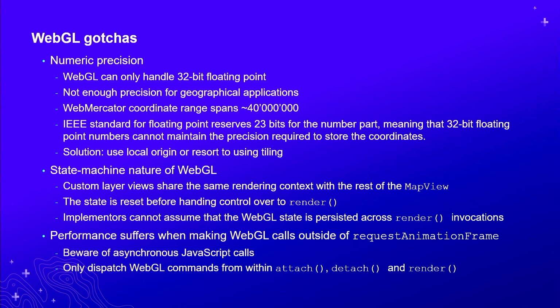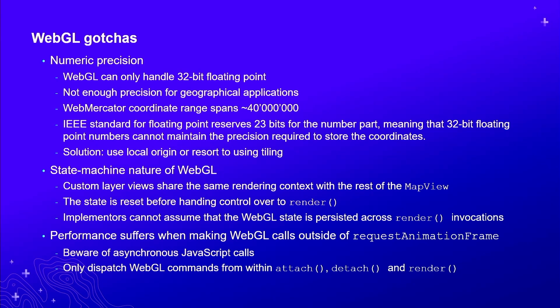So bear that in mind. And again, it's always good practice to set the state before you render, regardless of whether you're integrating with us or any other third-party library. Another thing to bear in mind is that calling WebGL can only be done under the proper call to requestAnimationFrame. This is really where the map and map view render. The methods attach, detach, and render are guaranteed to be called under requestAnimationFrame.